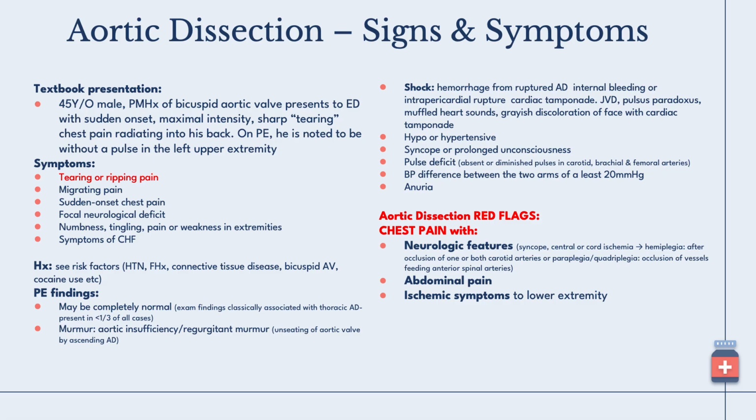So aortic dissection red flags: chest pain with neurological features, abdominal pain, or ischemic symptoms to the lower extremities. Those are really red flag symptoms of aortic dissection.